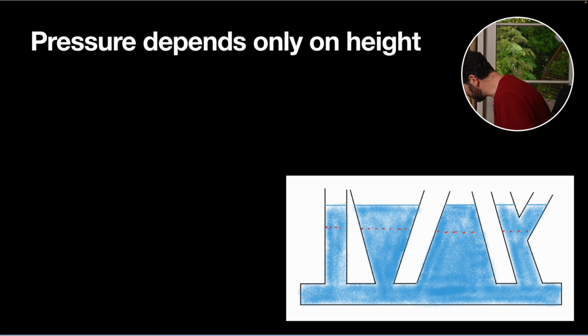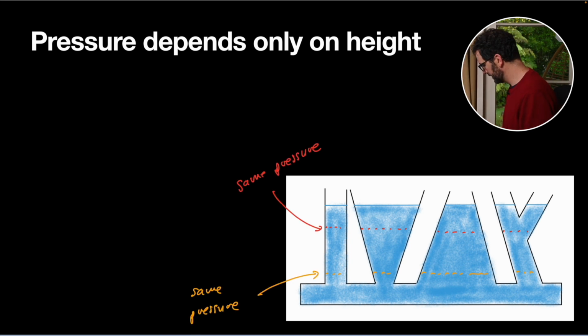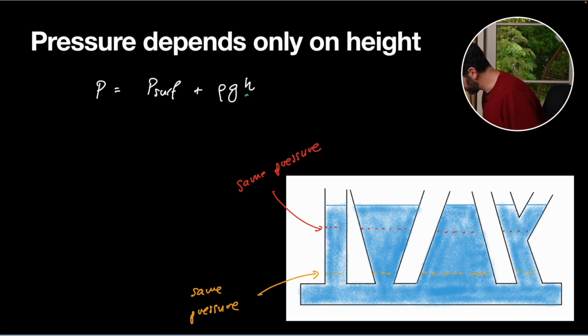It literally is only the depth that matters, so we don't need to worry about anything else. We can just use our hydrostatic equation to understand how the pressure works. So that's why in our equation, the only thing that matters between 2 different pressures, if the fluid is not flowing, is the difference in height.